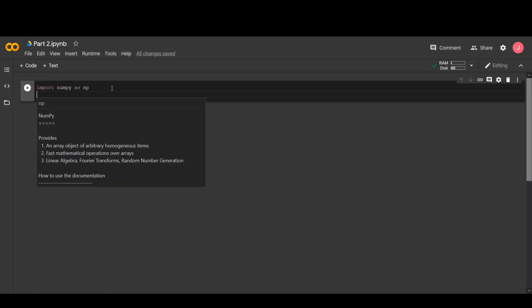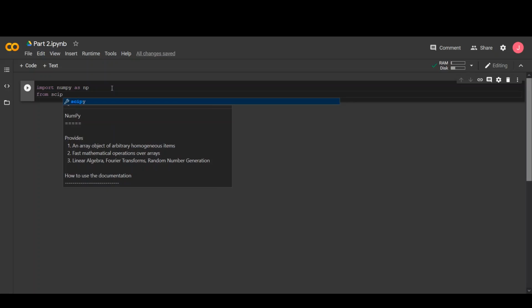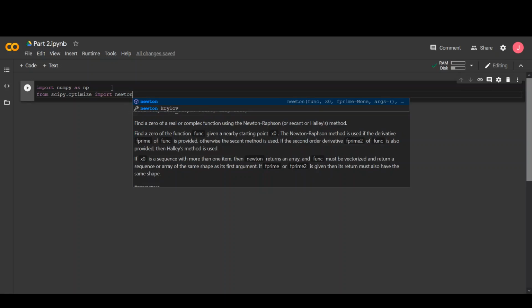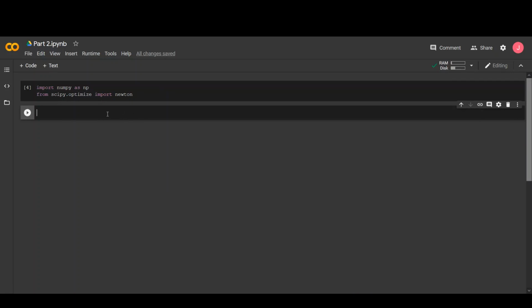But conversely, it would be a bit harder if we knew the differential head and we were trying to find that flow rate. And that's where we get into that difficult nonlinear equation and where we utilize a root solver. So from SciPy, we are going to want a Newton function, right? If we look at this, it finds a zero of a real or complex function using the Newton-Raphson method. So that will be helpful for us.